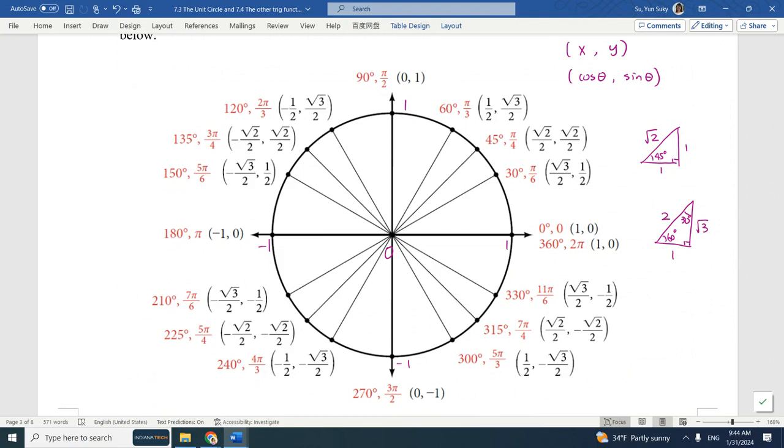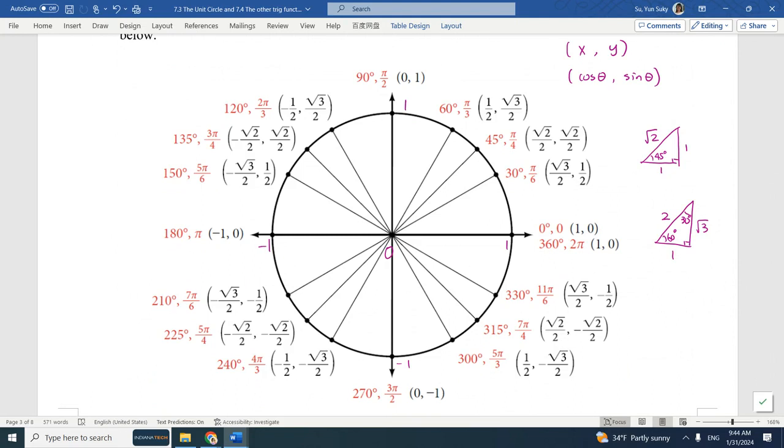Okay, now look at this picture. The first coordinate is cosine. What's cosine 30 degree? That's 30 degree. Cosine is what? Adjacent, opposite, hypotenuse. What over what? Yeah, that's adjacent over hypotenuse.